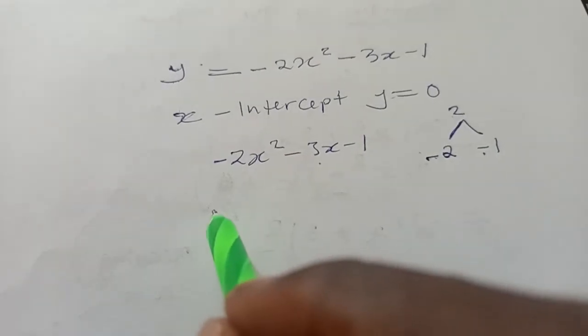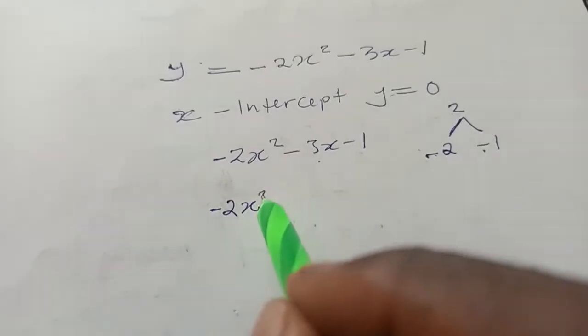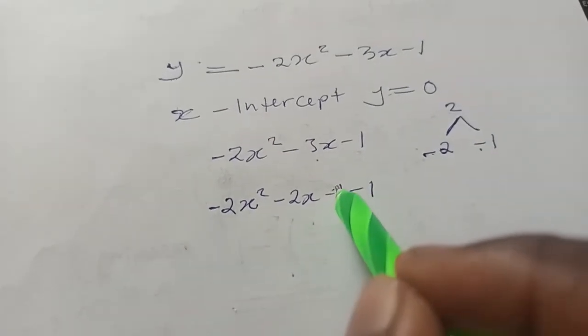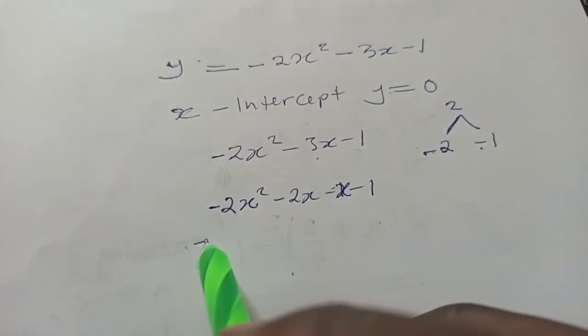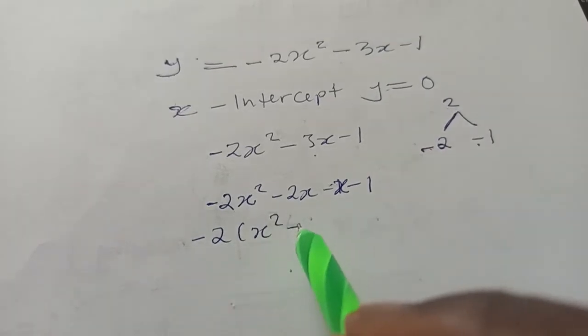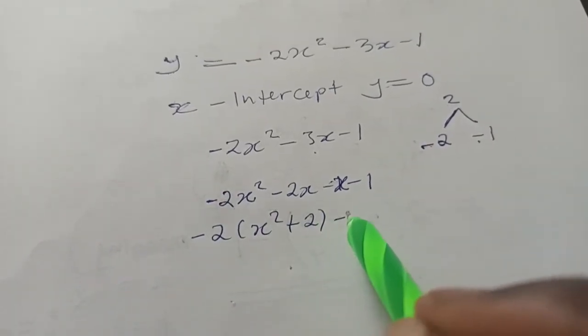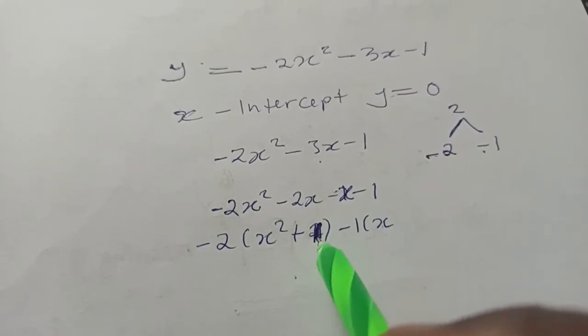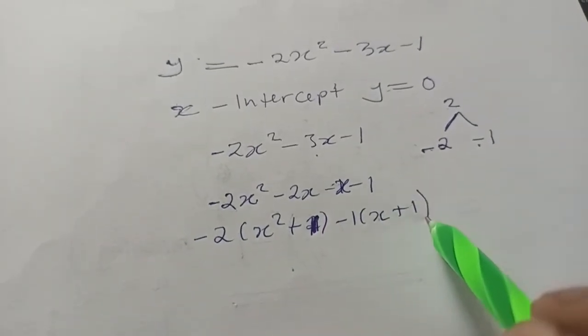So we come again to x squared minus 2x minus 1 minus 1. So this is x. So -2x squared minus +2, -1x here, so this one plus 1.